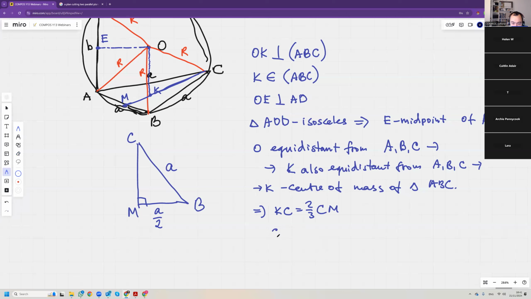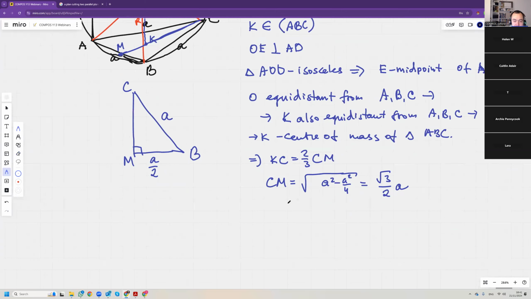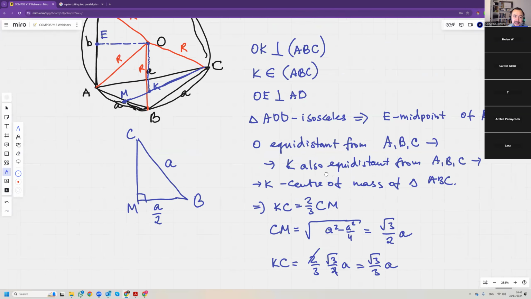CM is square root of A squared minus A squared over 4, which is square root of 3 over 2 A. So KC is 2/3 times square root of 3 over 2 A. So that is square root of 3 over 3 A. So we found KC.